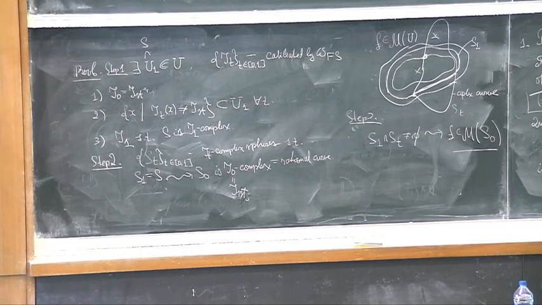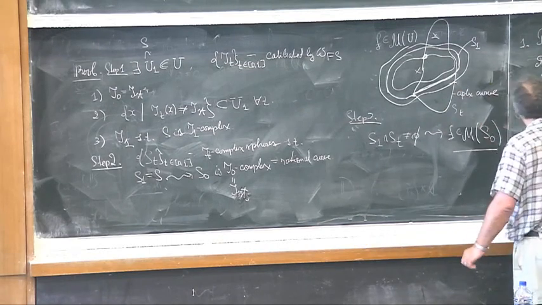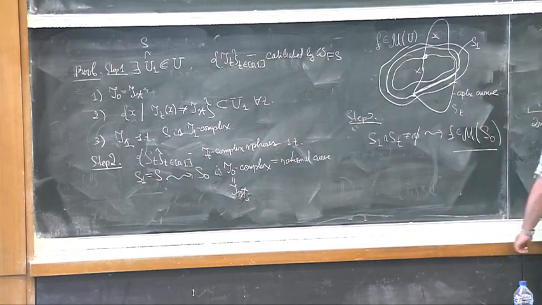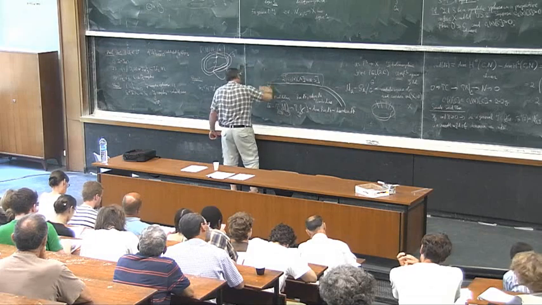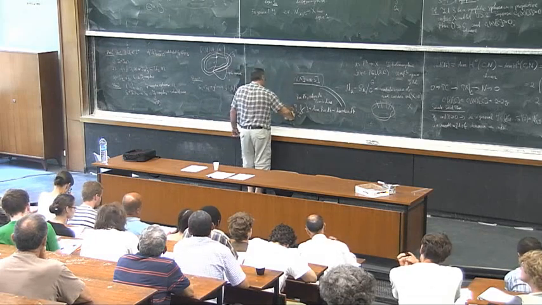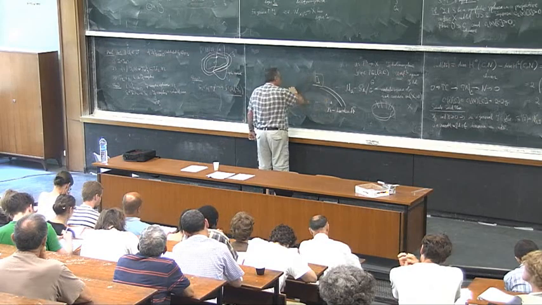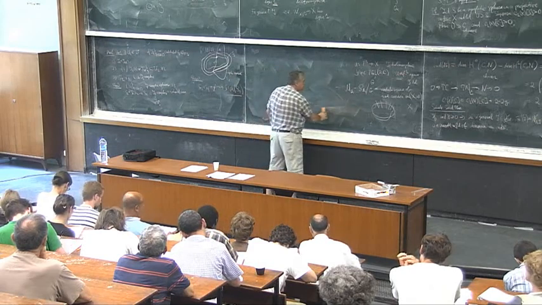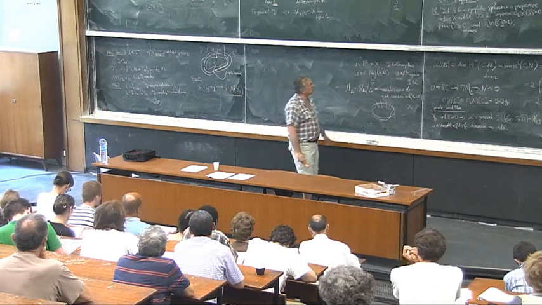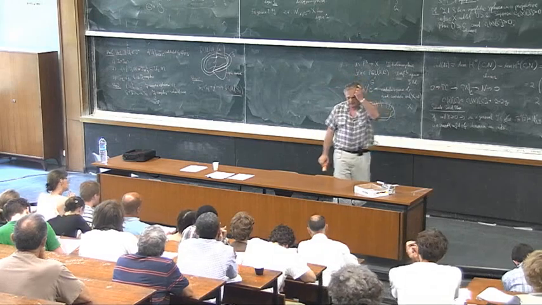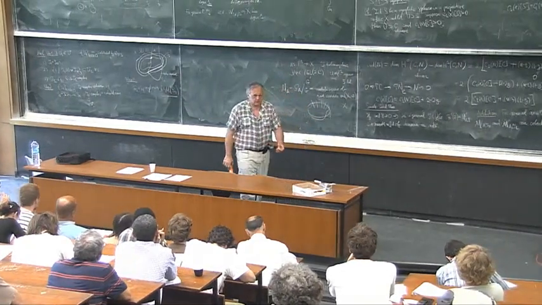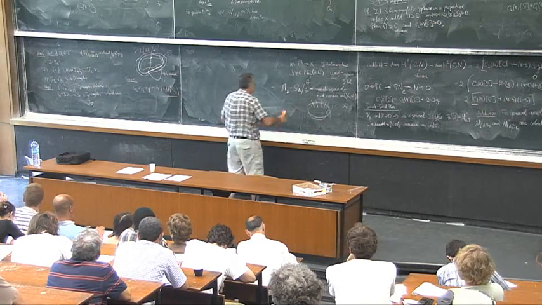Now let me make a few final remarks. Well, in the case of P2, in the case of the original setting of the question of Vitushkin, the result is more negative than positive, so you don't have any functions and so on.